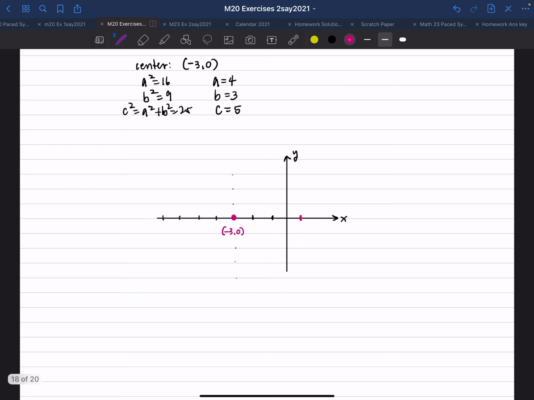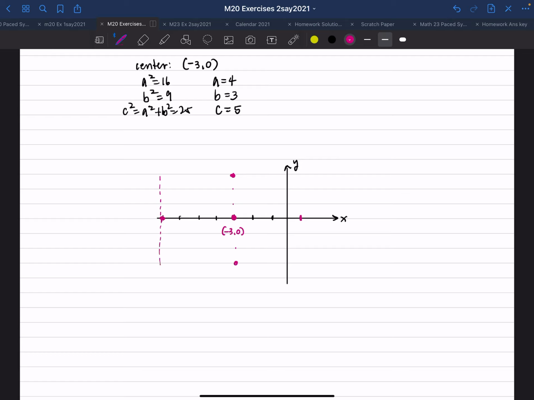Hala, I need space. So we have to draw our imaginary rectangle. Hala, ang laki naman nito. 3 lang pala, 3 only. 1, 2, 3.